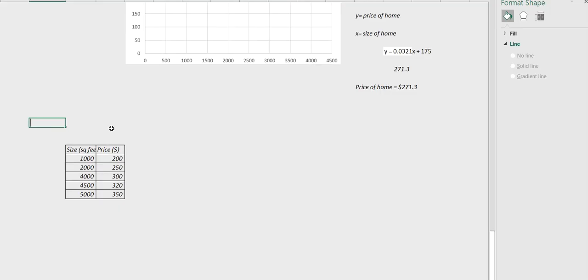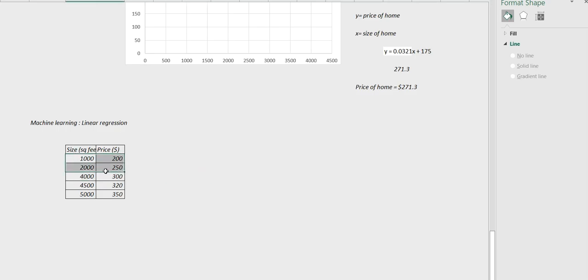Here I'm writing machine learning method, linear regression, okay. So now these are some data set.